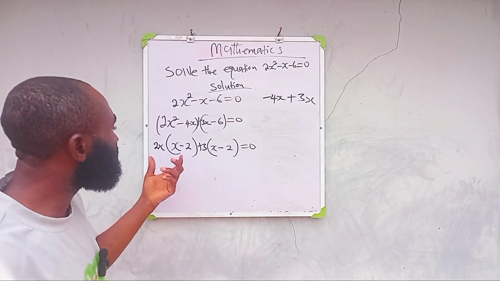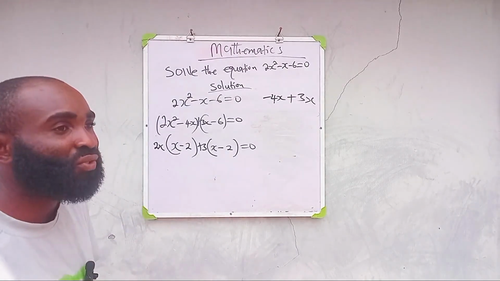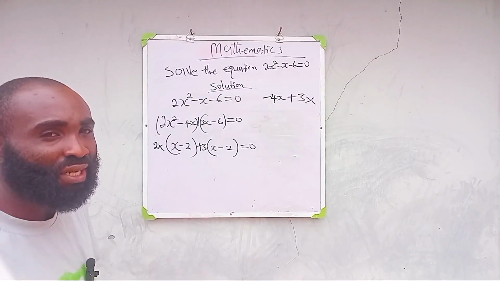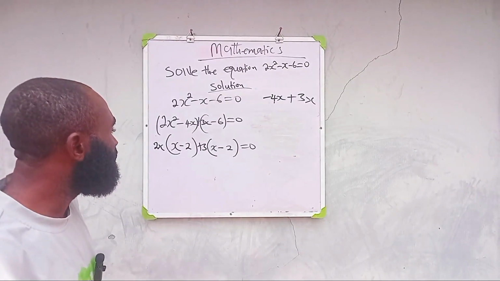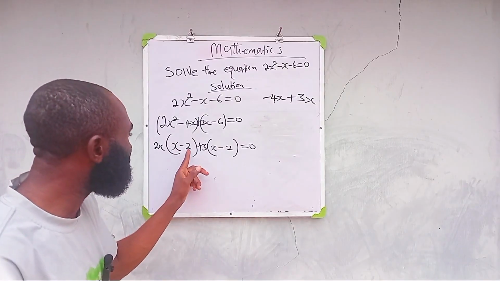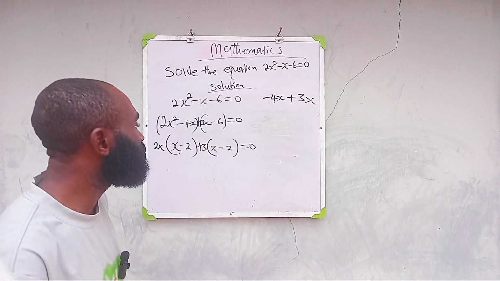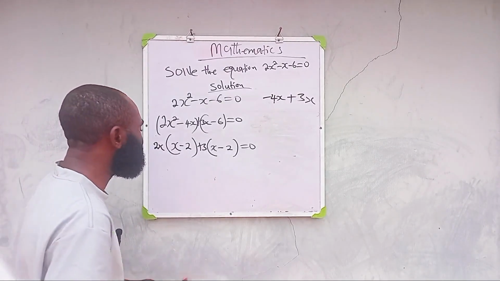If you are solving and you arrive at different brackets, it means you are wrong, so you have to recheck your question and find where the fault is coming from. But here we have the same brackets, x minus 2 and x minus 2, which means we are on the right track. So let's continue.